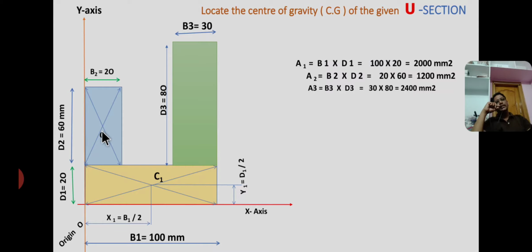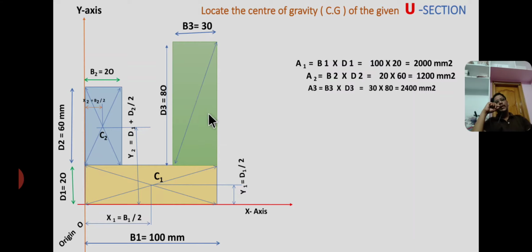It lies at a distance of x2. From here to here the value is x2 from y-axis, and from here to here the value is y2 from x-axis. So x2 equal to base 2 by 2, that is 20 by 2 equal to 10 mm, and y2 equal to the height of a bottom rectangle plus half of the height of second rectangle, that is d1 plus d2 by 2.